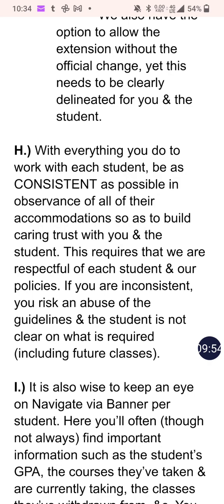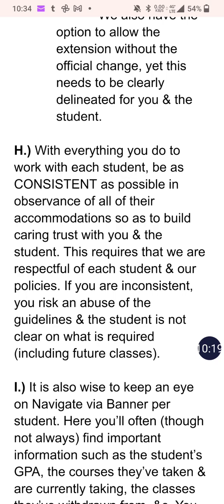And so with everything you do to work with students, be as consistent as possible in observance of all their accommodations, so as to build caring trust with you and the student. So this requires that we are respectful of each student and our own policies.